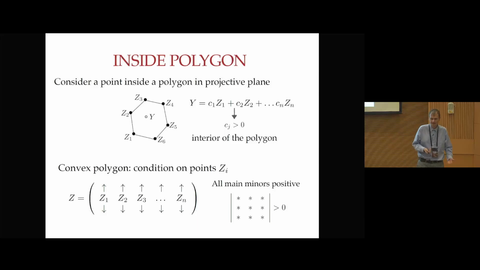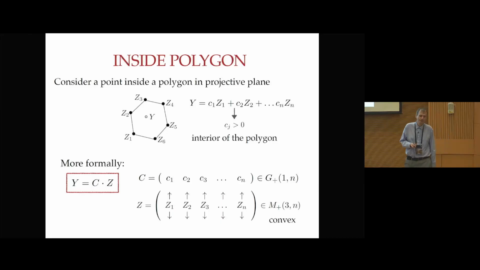So there is some condition of convexity, and this condition of convexity turns into some positivity conditions of a z matrix when you enter the z's and calculate minors of this matrix, and they must be positive. If all the 3 by 3 minors of this matrix are positive, then the configuration of points is convex.